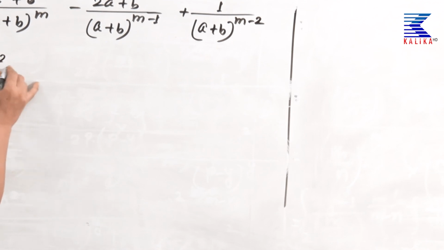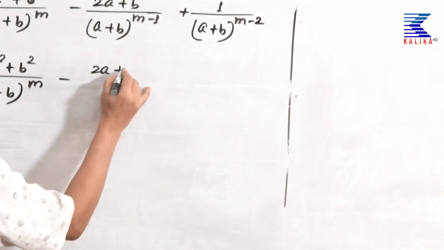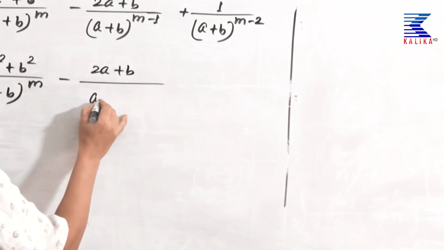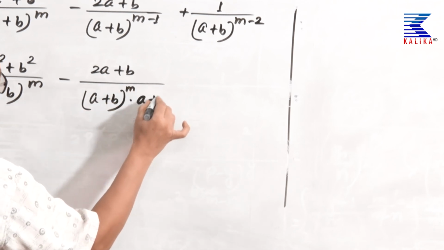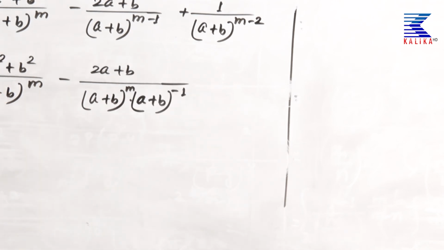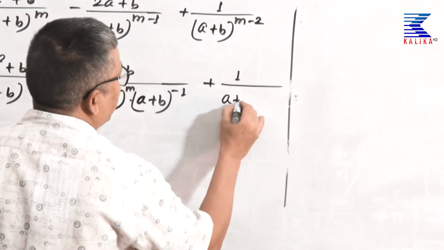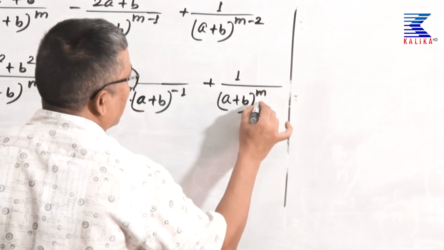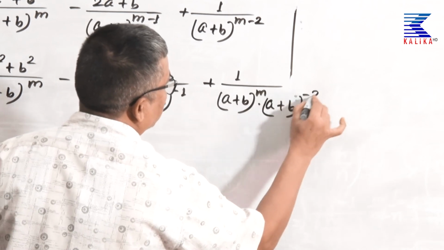(a square plus b square) upon (a plus b) to the power m, minus 2(a plus b) upon (a plus b) to the power m into (a plus b) to the power minus 1. Clear? Plus 1 upon (a plus b) to the power m into (a plus b) to the power minus 2.